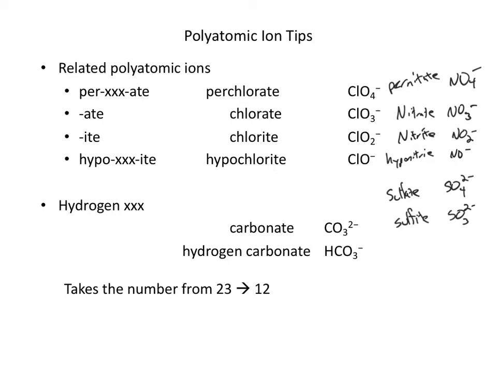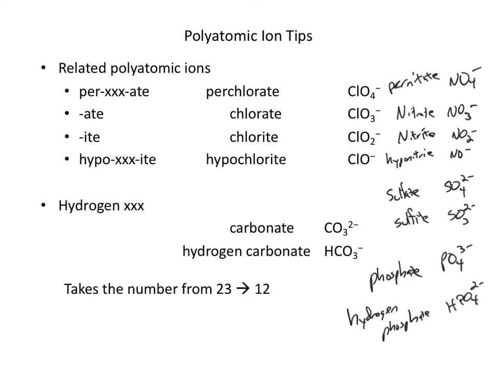Similarly, phosphate is PO4 3-, so then hydrogen phosphate is HPO4, and when we add the hydrogen, it loses one of the negative charges. As phosphate is -3, hydrogen phosphate is 2-.